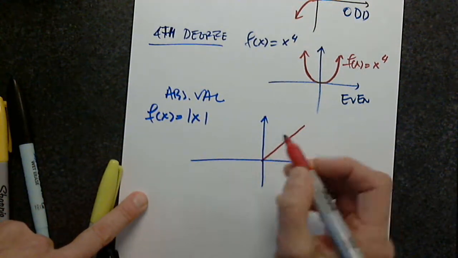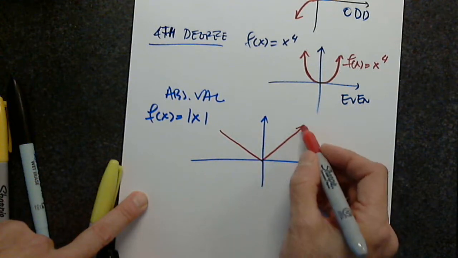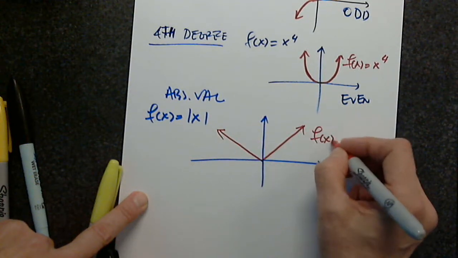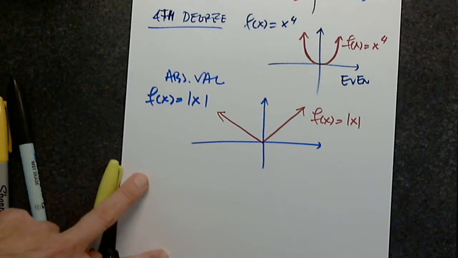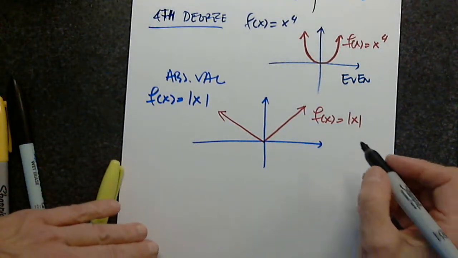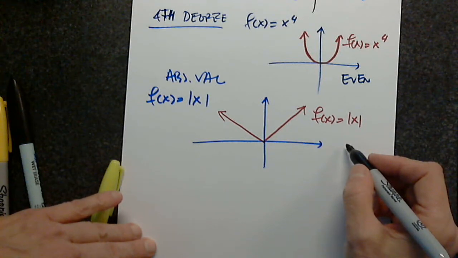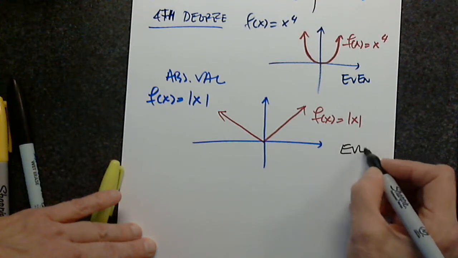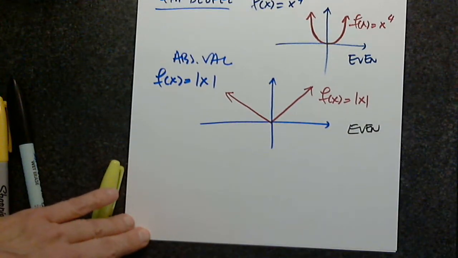Very good, awesome. It does look like a V. So this is f of x equals the absolute value of x. Odd, even, or none of the above? Perfect. Even it is.